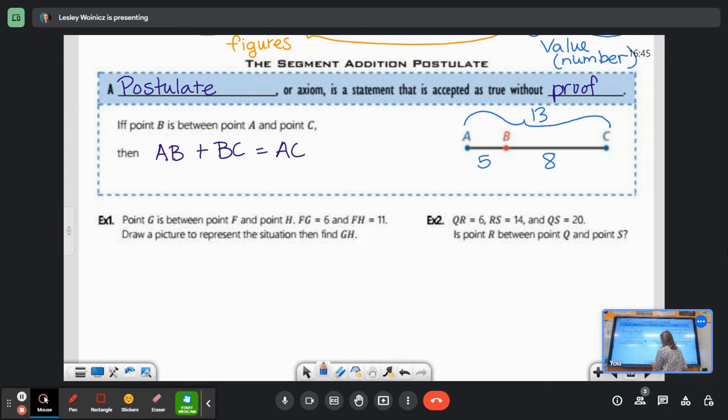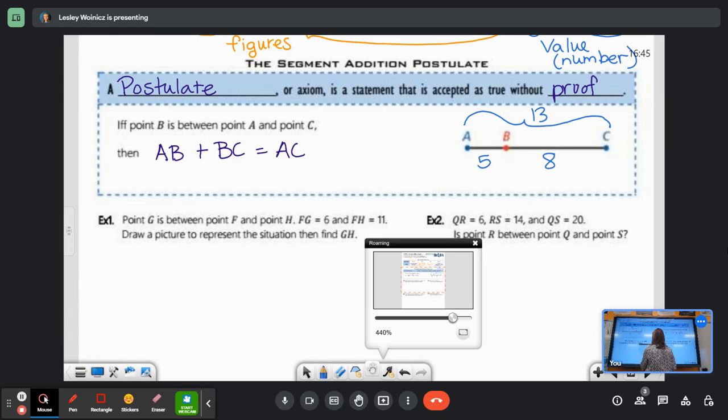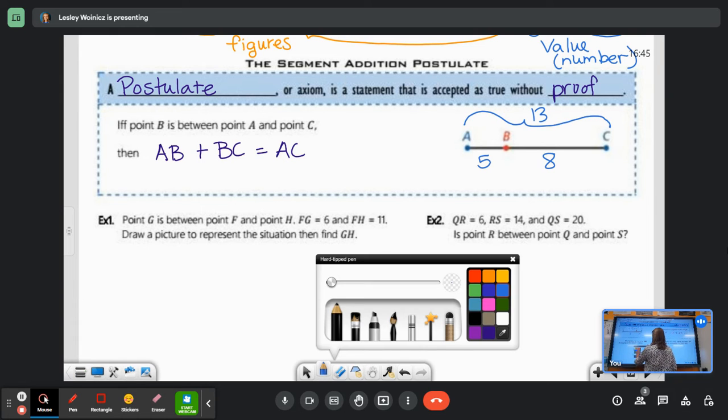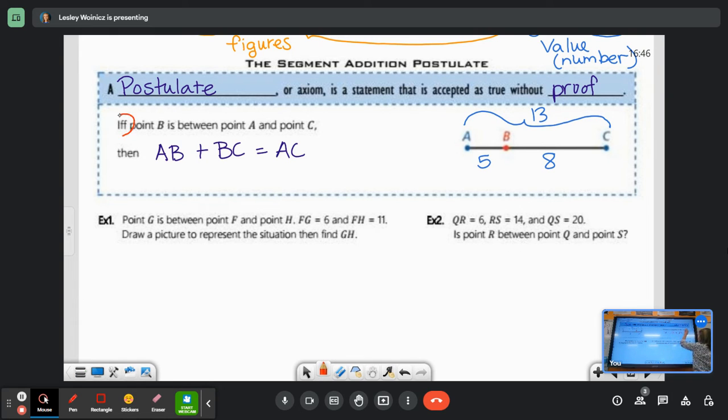Now, you might have seen this crazy little iff. We're going to talk about it for a second. That's not a typo. Iff with two F's means if and only if, which means that statement is true going forwards or backwards.